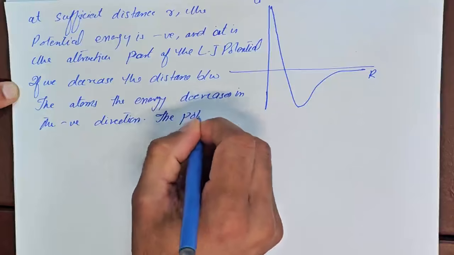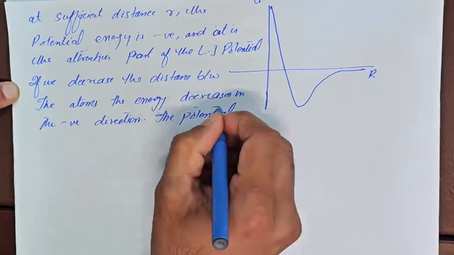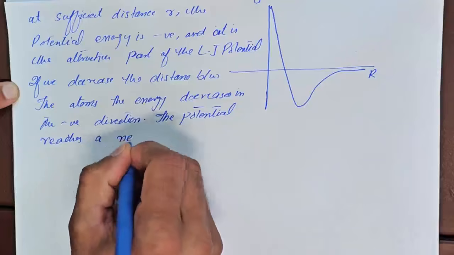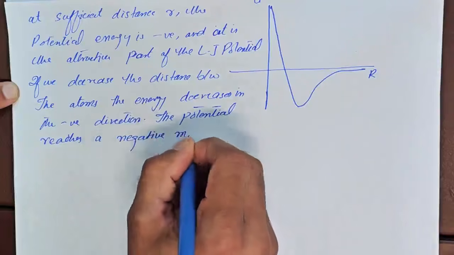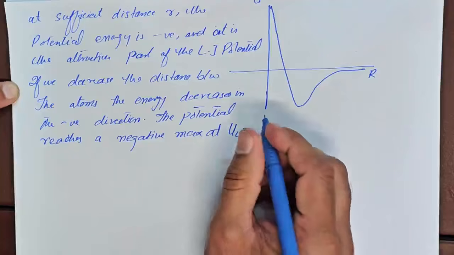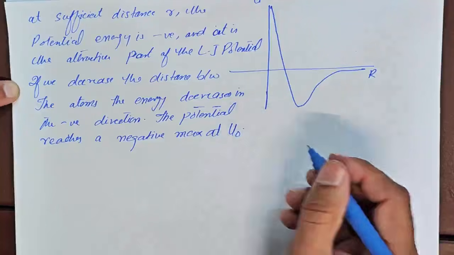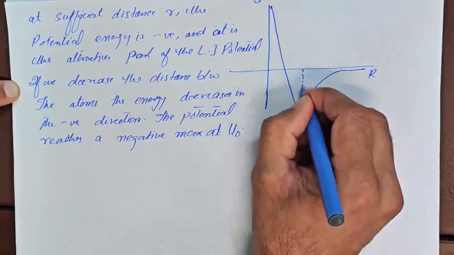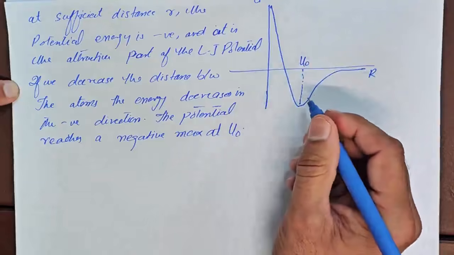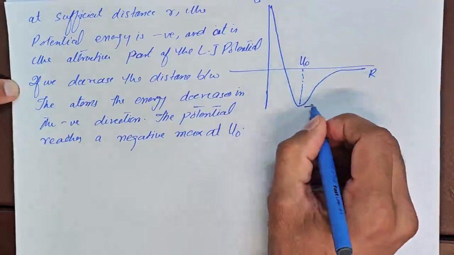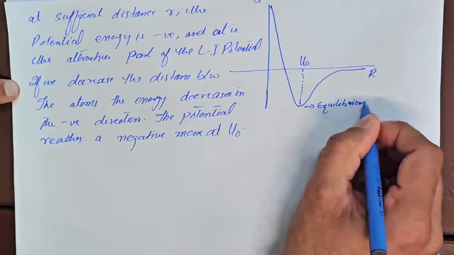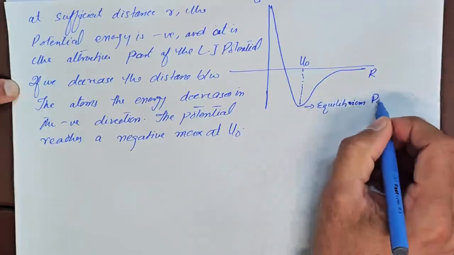The potential reaches a negative maximum at U naught. This is U naught. This point is called the equilibrium position.